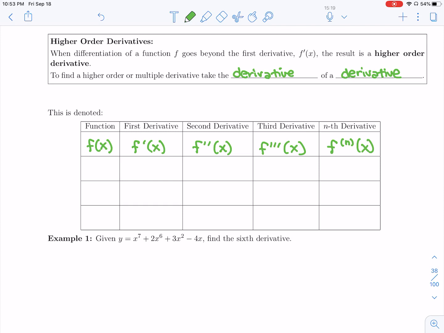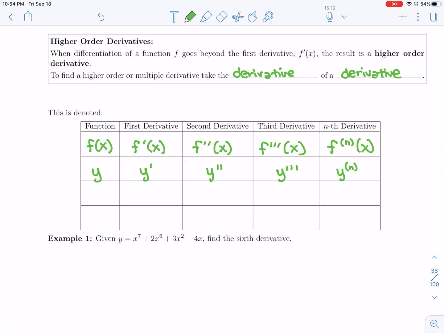So f with a 7 inside those parentheses means we would take the 7th derivative. And same thing if we started with a y: first derivative we call y prime, second derivative y double prime, y triple prime, and then after that we would write it as a little number in parentheses.